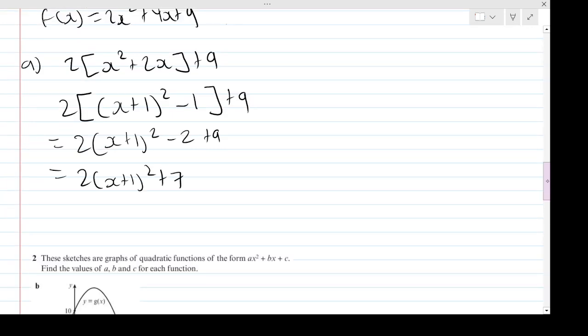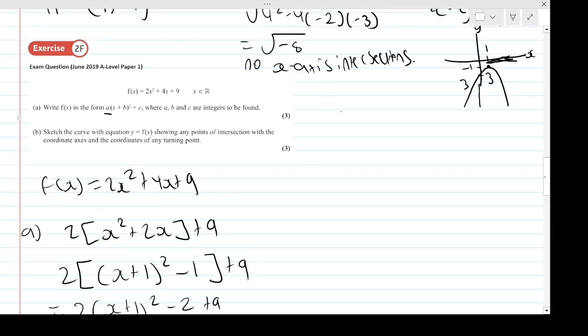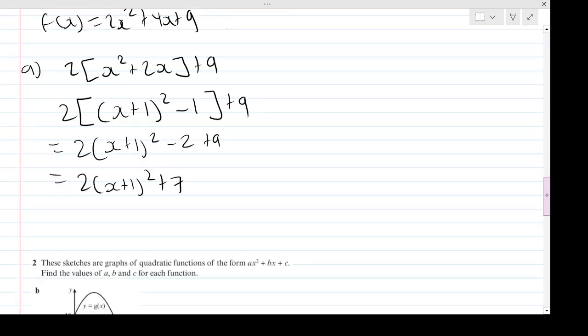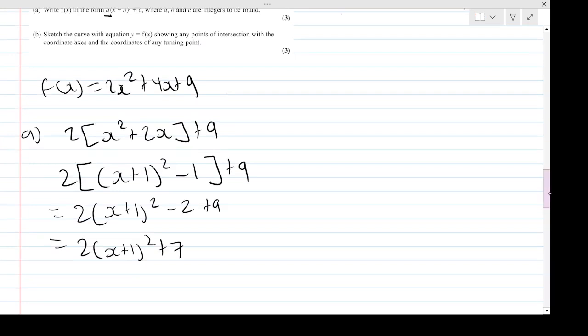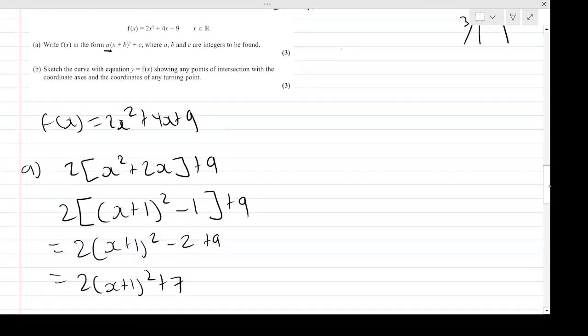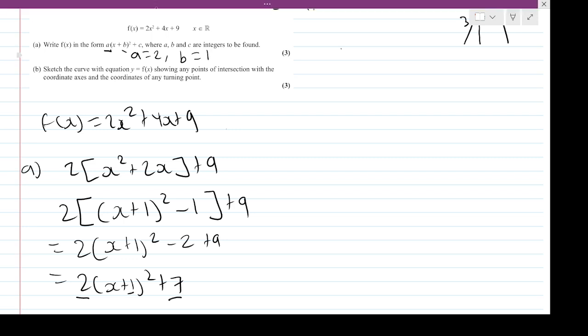There we are, we wrote it in the form that they wanted. If you match the form they wanted here, you can read off that a is 2, b is going to be plus 1 here, and then c, the number at the end, is going to be plus 7.